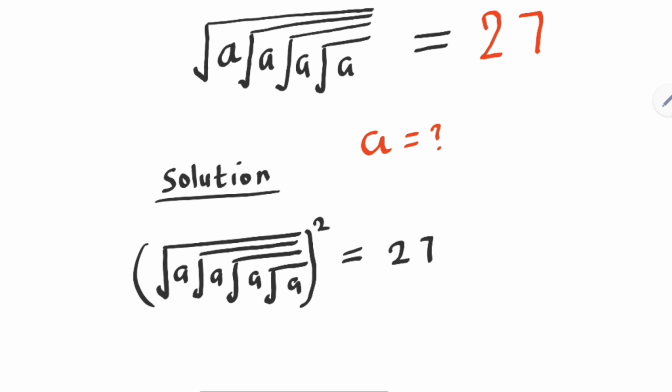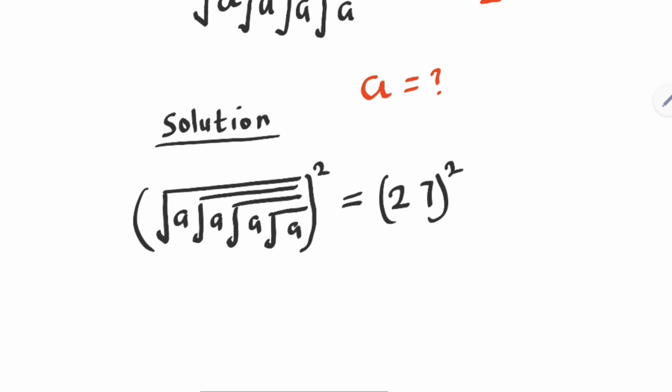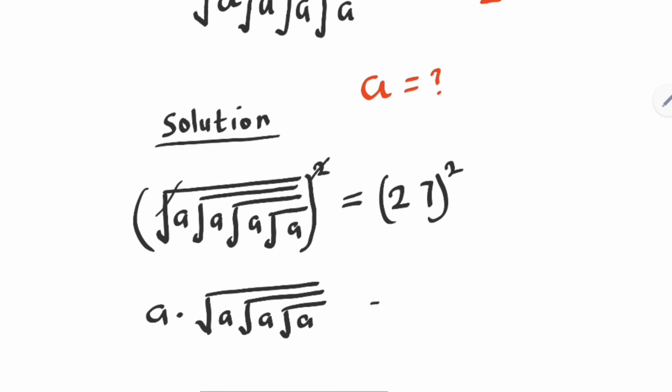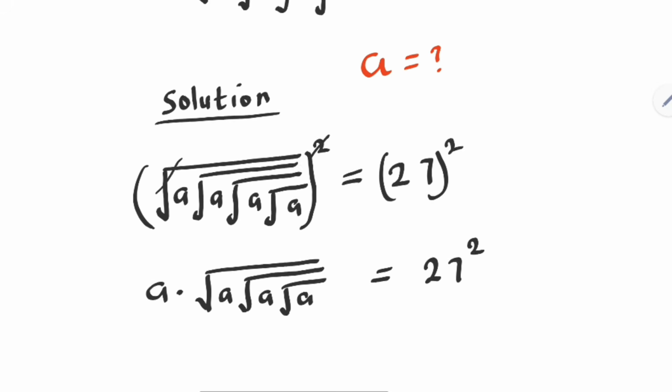This square is equal to this square. So this square will cancel this square root. We have a multiplied by square root of a, square root of a, square root of a is equal to 27 squared.